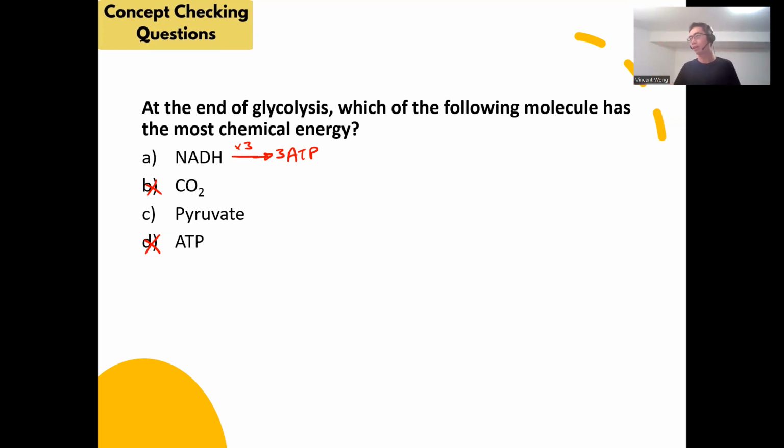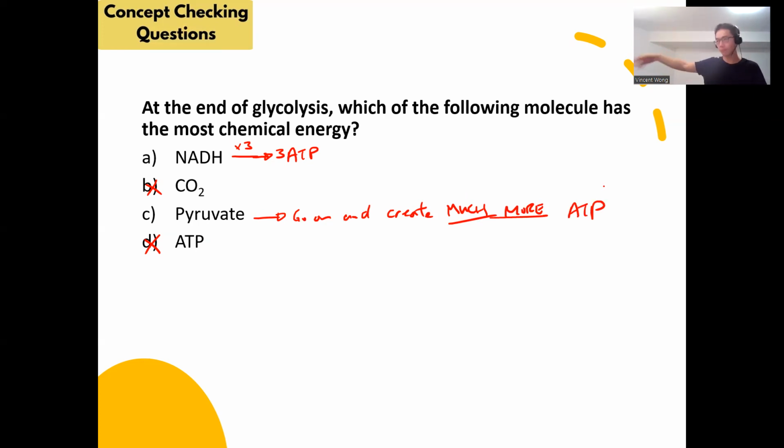That means there are still 34 that are locked up in the pyruvate, which will go on and create much more ATP from step 2, step 3, step 4. So most of the chemical energy is still locked in pyruvate at the end of glycolysis.